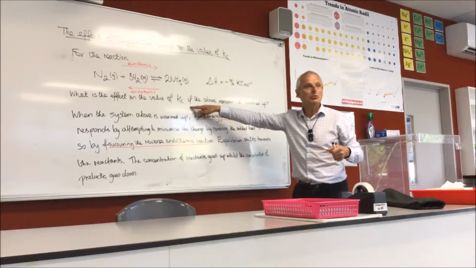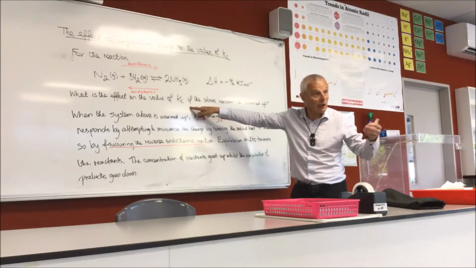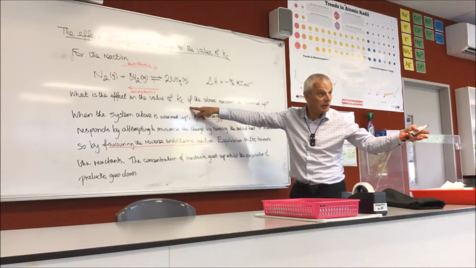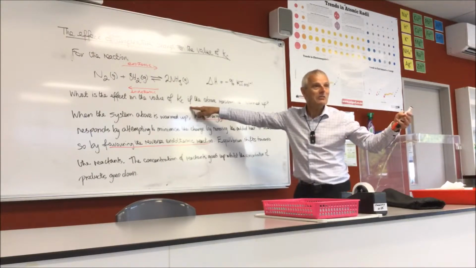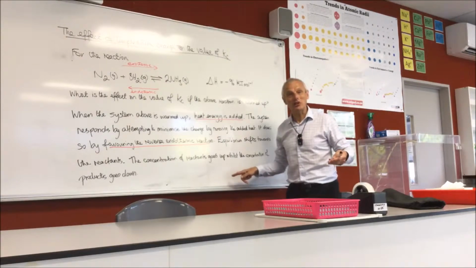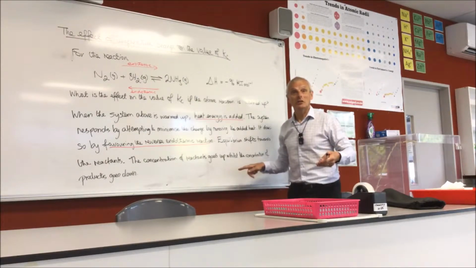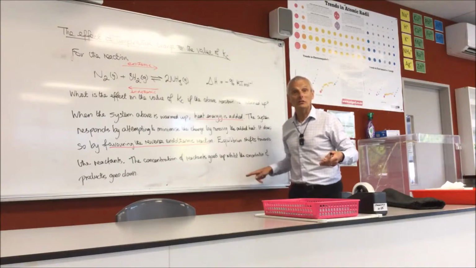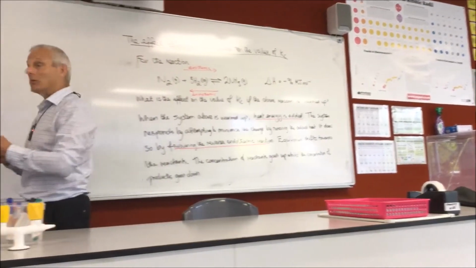What's Kc equal to? How do we work it out in terms of a very generalised way? How do we work out the value of Kc? Product divided by reactant. Exactly right, because that's what we've been given here. This is what we've just written. It's the concentration of products divided by the reactants. Yes? So why don't we write that down?